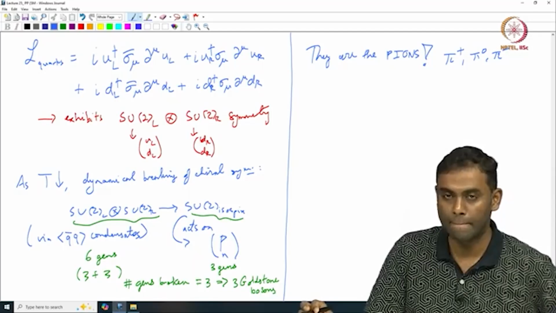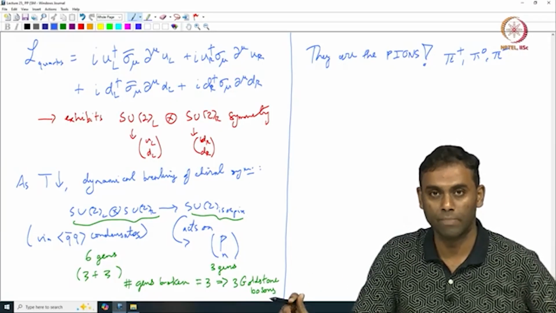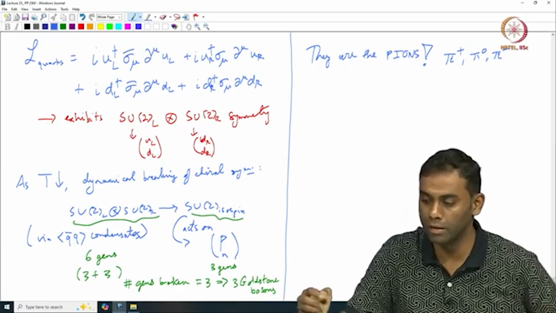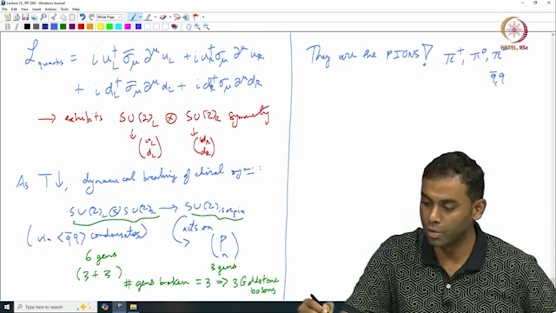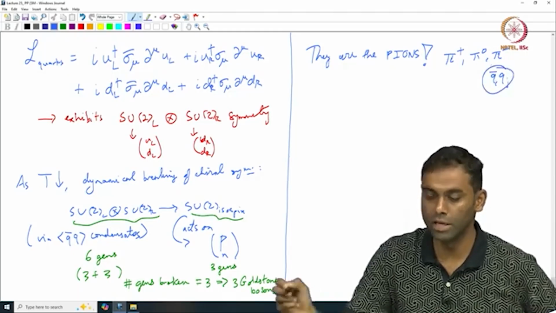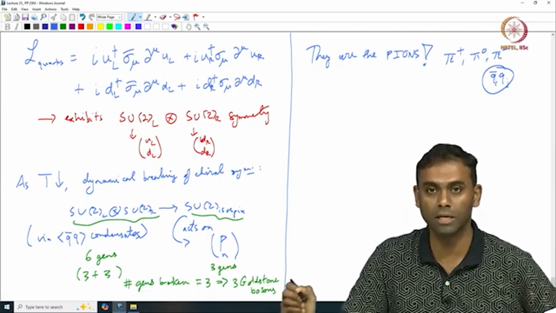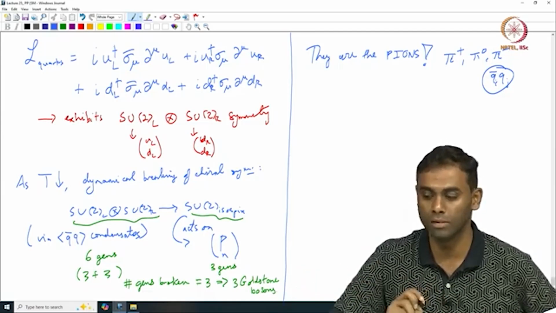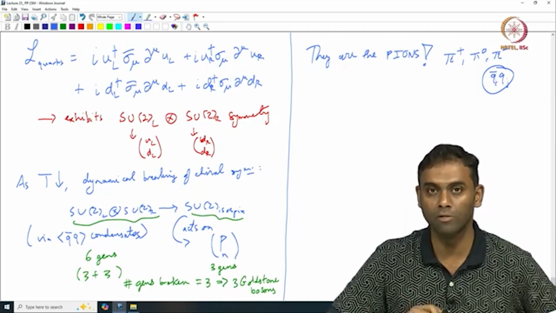Okay. This is how we understand the formation of mesons. It is not just a quark anti-quark pair, q_i q̄_j in some bound state. It is not just that they form bound states, they arise exactly like this, they arise as Goldstone bosons. That is why pions are very, very special. But here is another reason why they are very, very special.